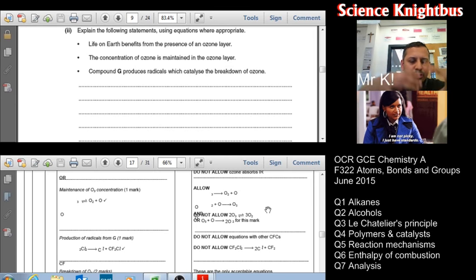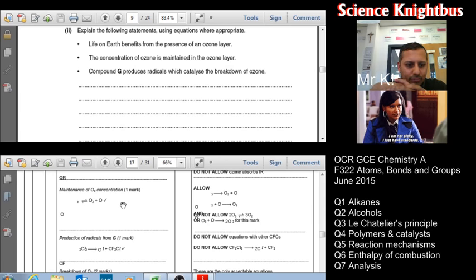And you've got the concentration of ozone is maintained in the ozone layer. So in actual fact, you've actually got O3. There's a little glitch in the mark scheme over here, but it should be O3 in an equilibrium with O2 plus O with a radical. So that's actually something that is maintained, because that O radical will then start to react with O2 again, and it will stay there.